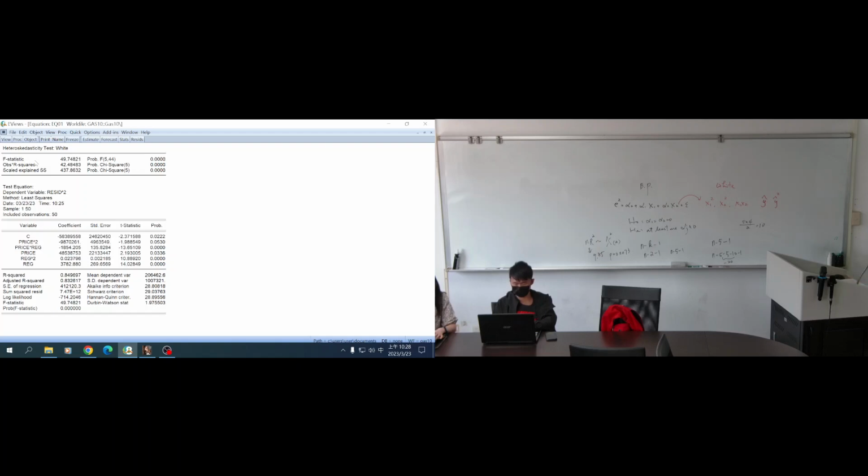Do you all remember what's the consequence of heteroscedasticity problems existing in the model? You remember that? Okay, never mind. Let's refer to our consequences. The consequence says that although there's a problem, using OLS estimation is still unbiased.